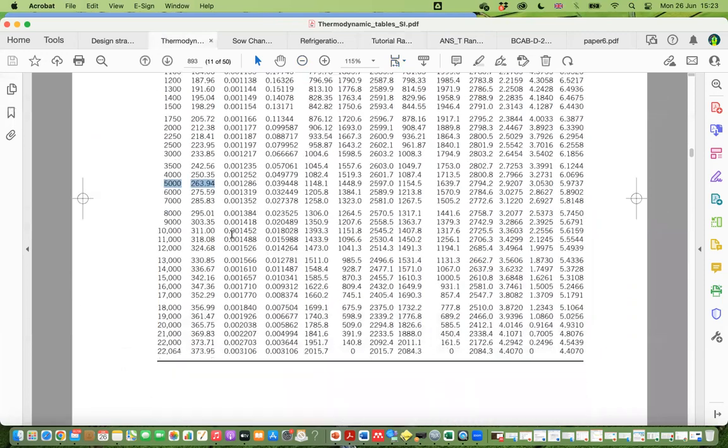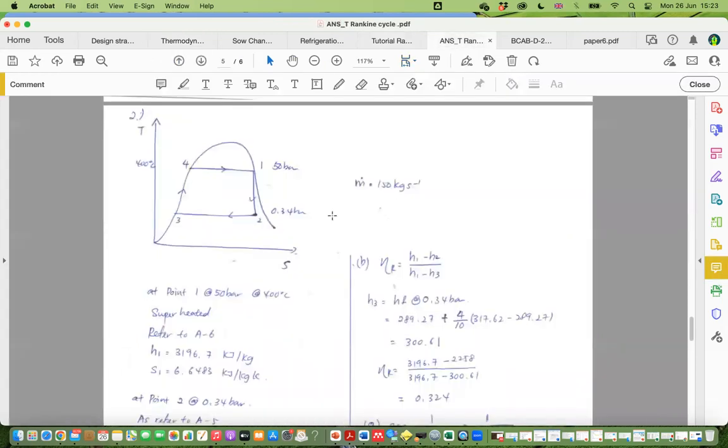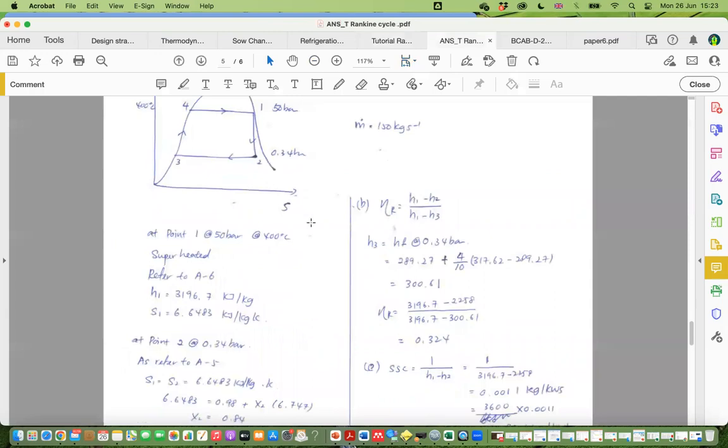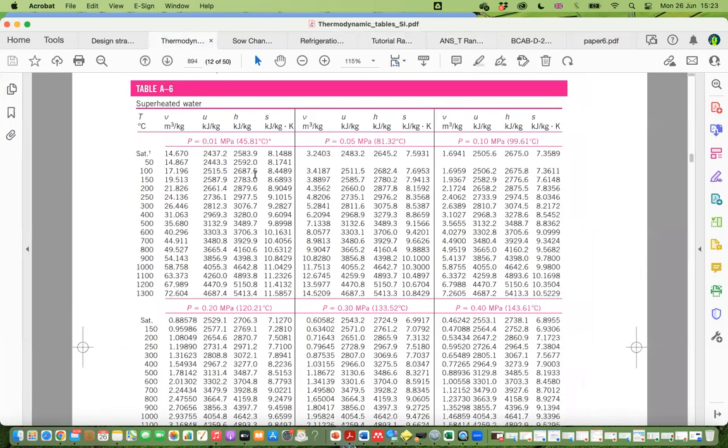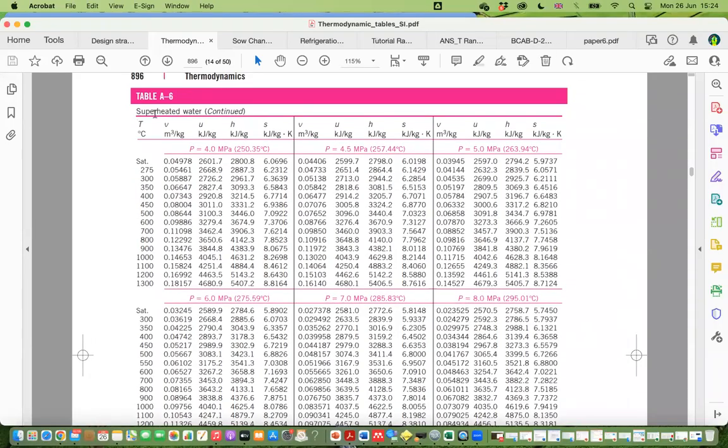Therefore, immediately we can look for superheated water. It's a superheated condition. Since we have 5,000 kilopascal and this table is in megapascal, we have to convert it. 50 bar is 5 megapascal.